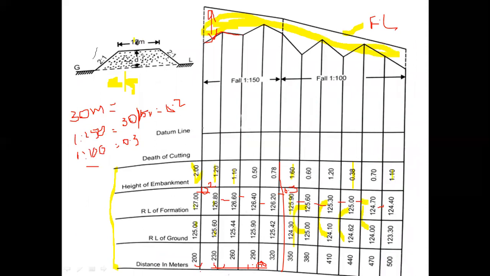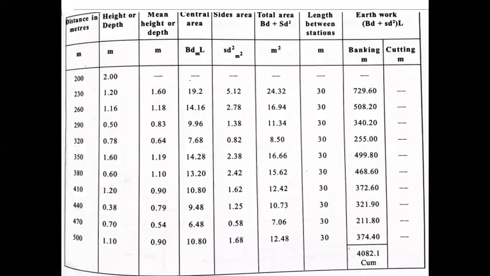These are the depths where we find the embankment heights. This is the ground level. Next we go to the table form. In the table, write the distance, height or depth, mean height, central area, sides area, total area, length between the stations, and earthwork.